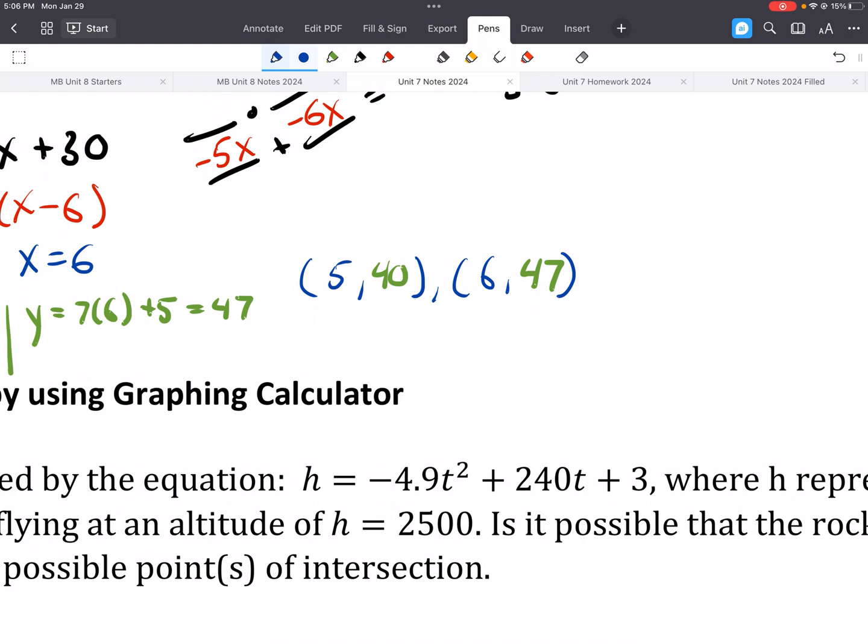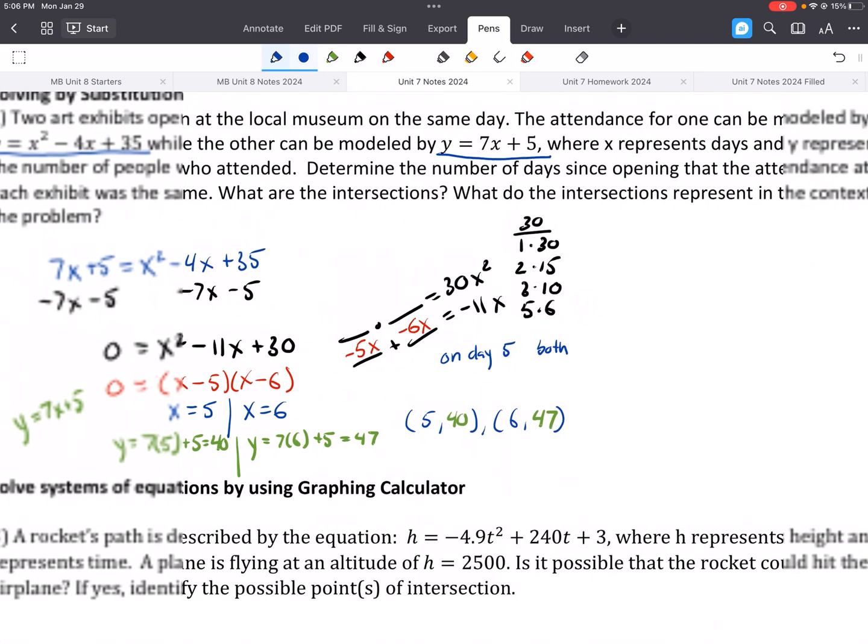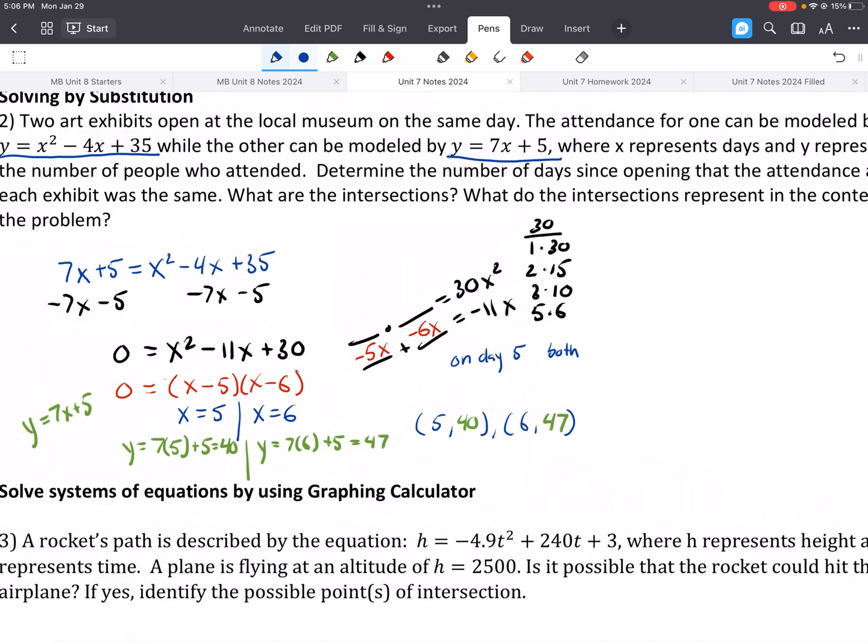This is saying on day 5, both exhibits have 40 people attending.